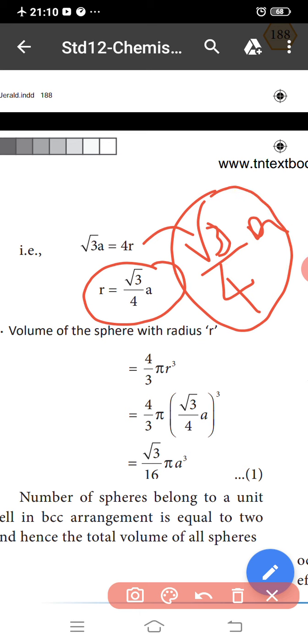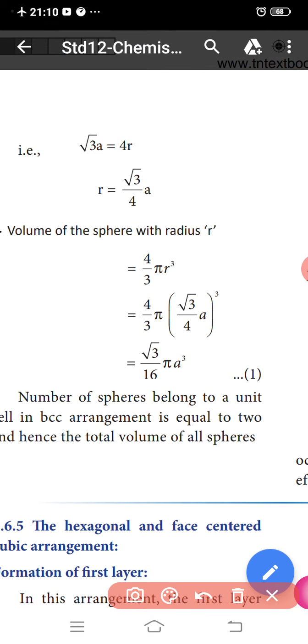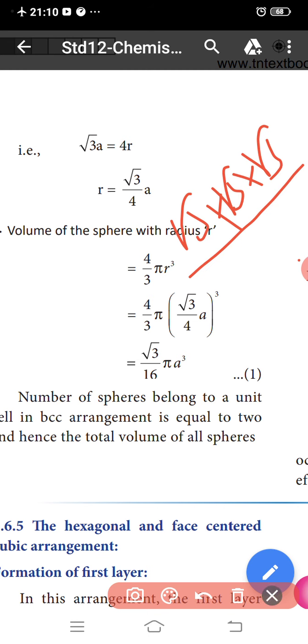So the volume of a sphere with radius R is equal to 4 by 3 pi R cubed. Applying the R value, 4 by 3 pi into root 3 by 4 A, whole cubed.